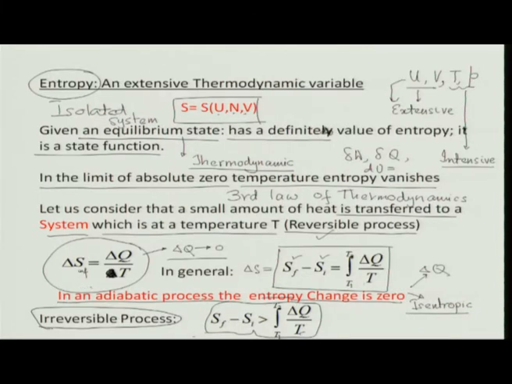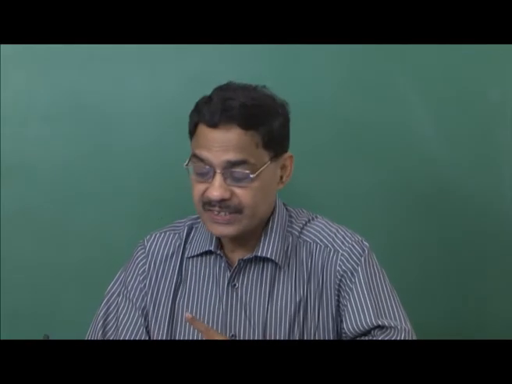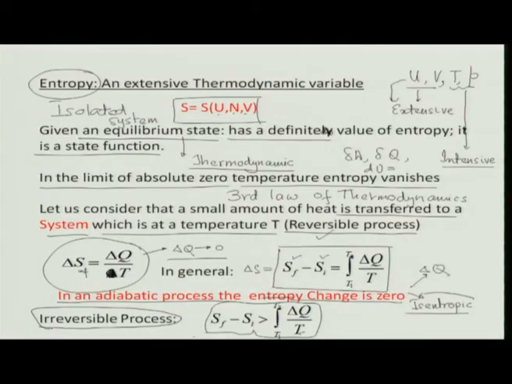Maintaining a temperature T, the change in entropy will be delta Q over T. In general, I will have an integral from the initial temperature to the final temperature that will give me the change in entropy. But if I have an adiabatic process, there is no heat exchange. As a result, entropy change is 0, and I shall call it an isentropic process.